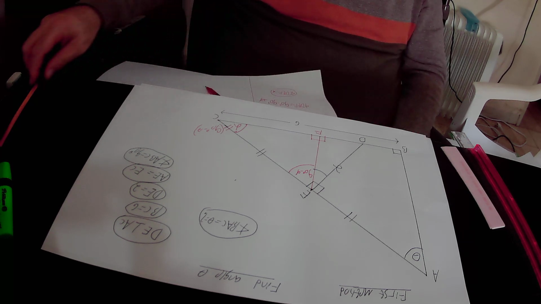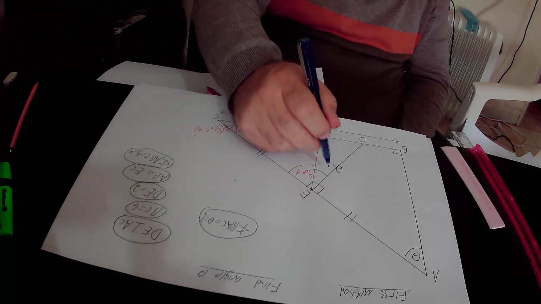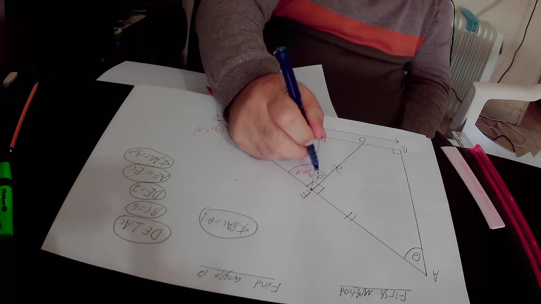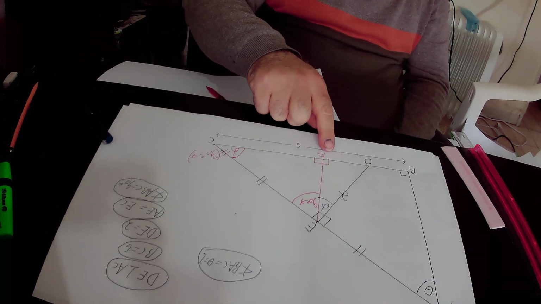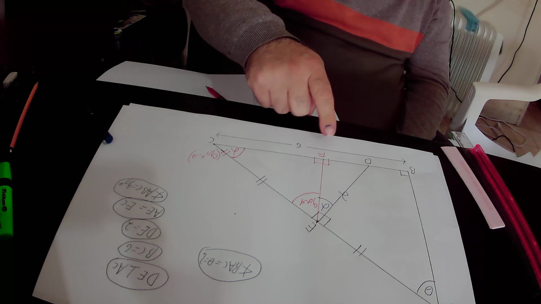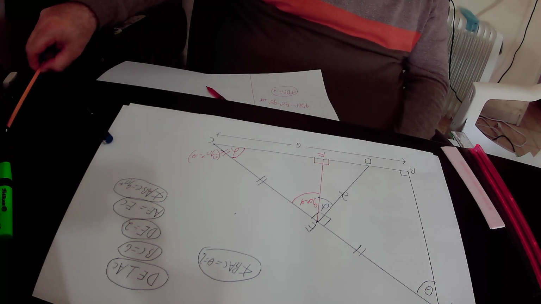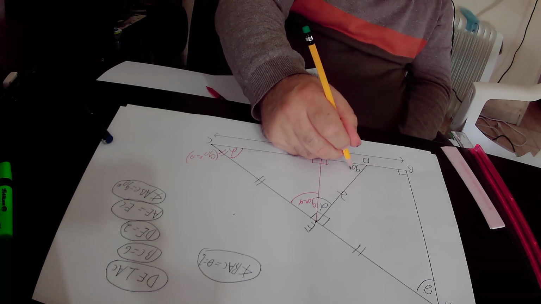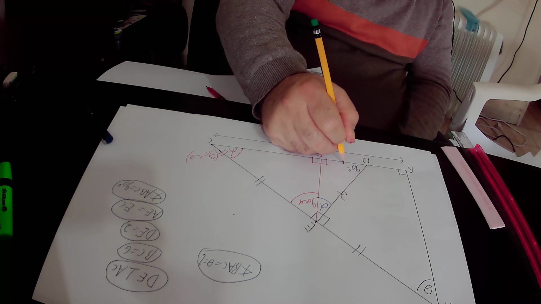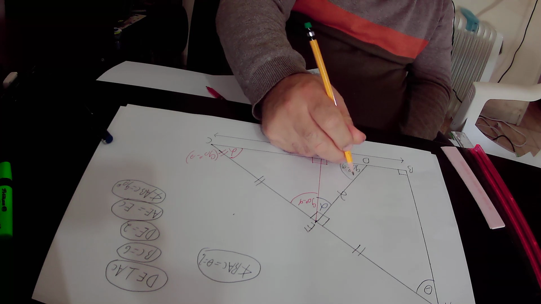So this angle equals alpha. If this angle equals alpha, and this angle equals 90 degrees, then in the right triangle DEF, this angle must be equal to 90 degrees minus alpha. Okay?